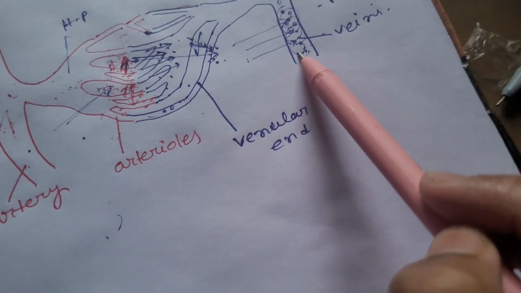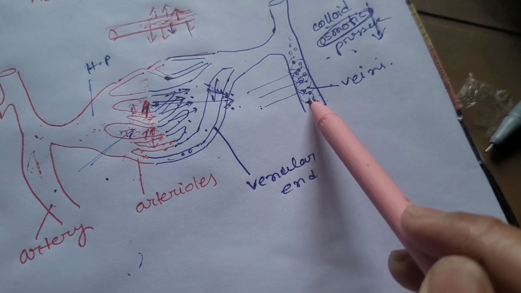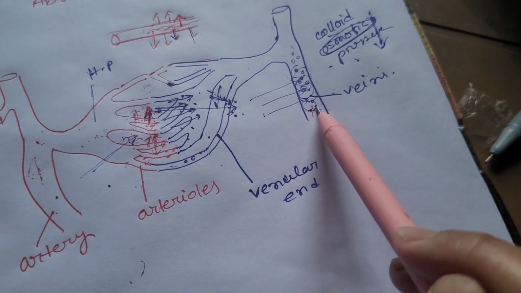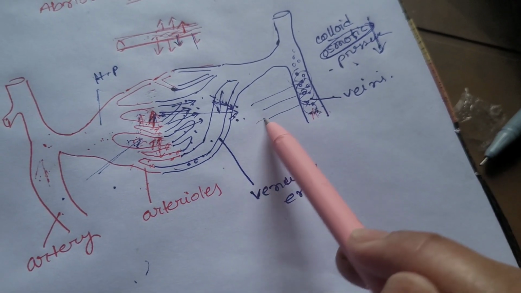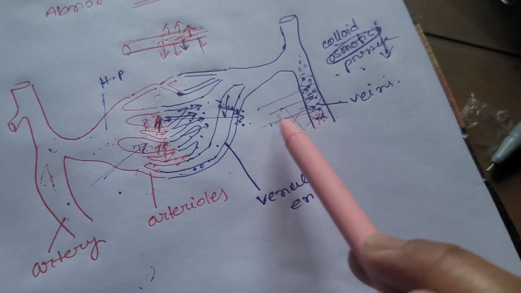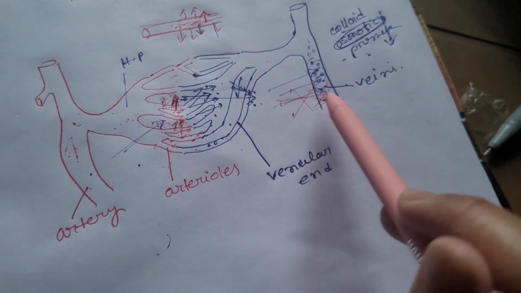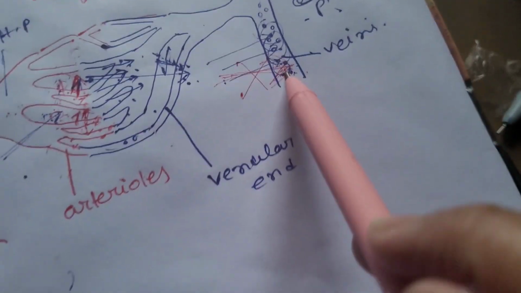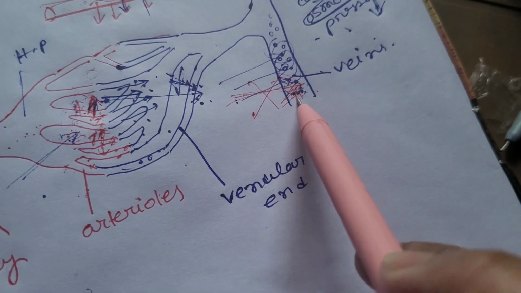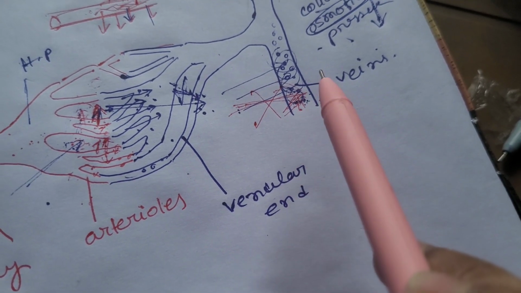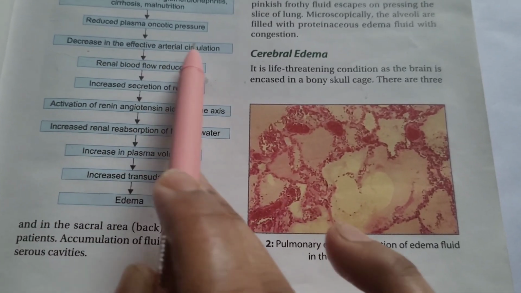So if there is less protein, there is less concentration, so body fluid will not move into the veins. Body fluid will not get reabsorbed into the veins, because the concentration is less here. So this is against the law of osmosis. So therefore, reduced plasma oncotic pressure will lead to decreased effective arterial circulation.